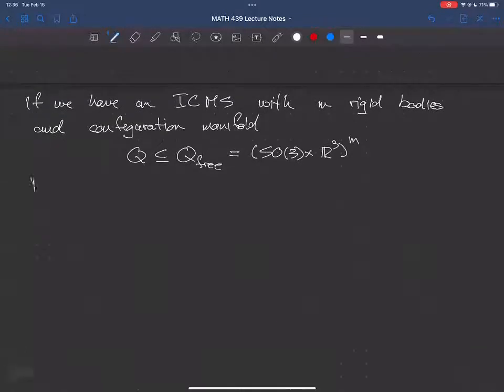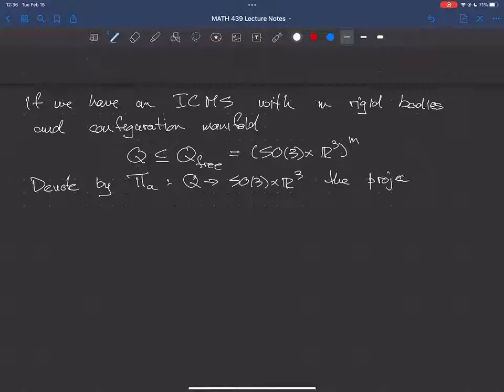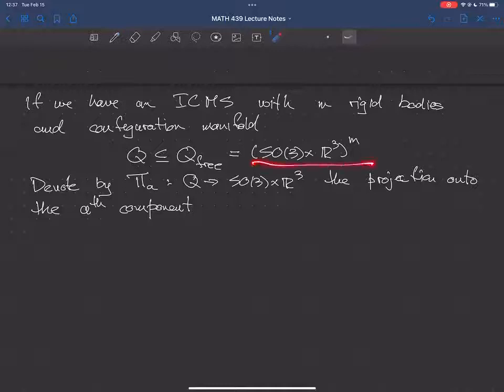Okay, so let's denote by pi a a map from Q into SO3 cross R3, the projection onto the 8th component of this product. Okay.